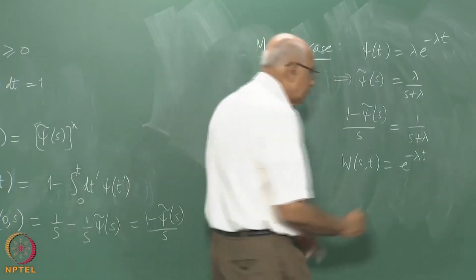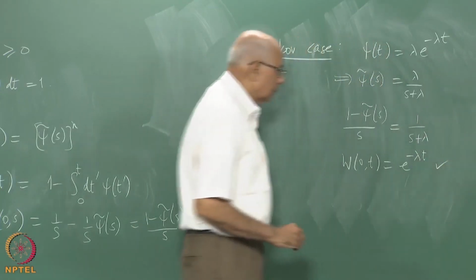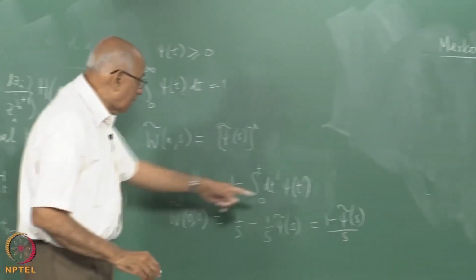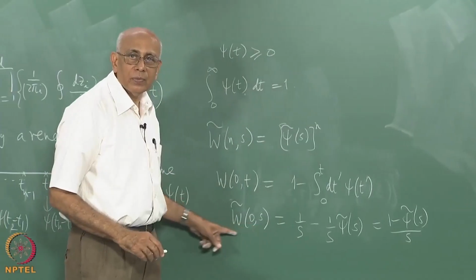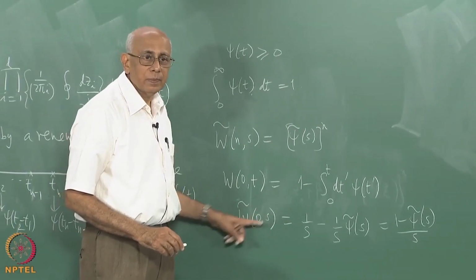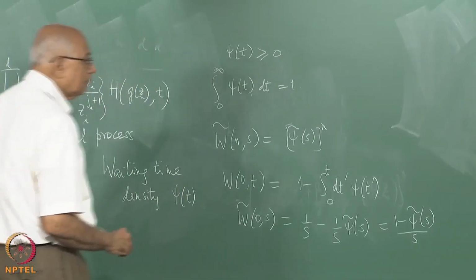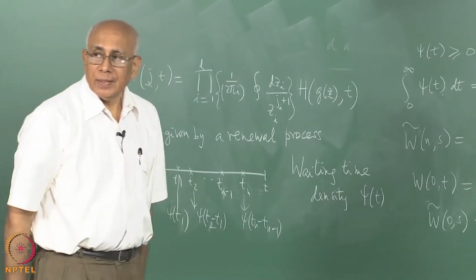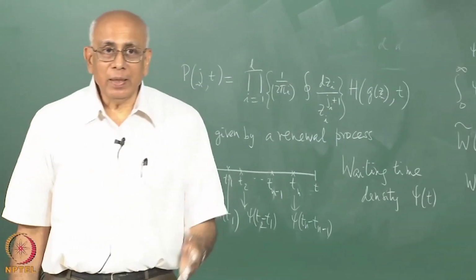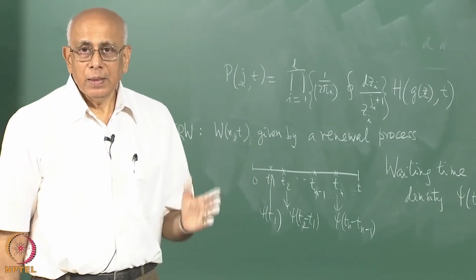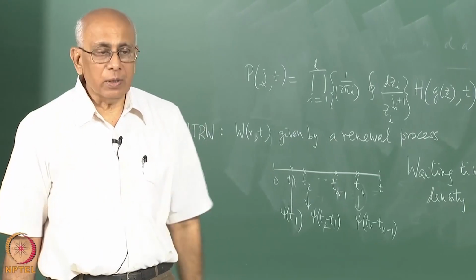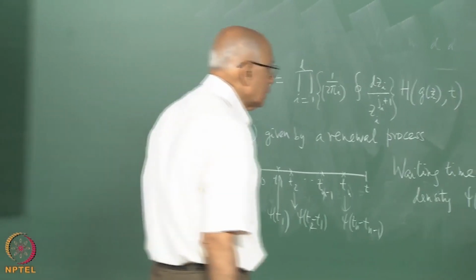So that checks. Indeed that is the correct answer for W tilde of 0 comma s. Otherwise you end up with this inconsistency that you have a delta function, it jumps immediately, which is not true. It is not true.